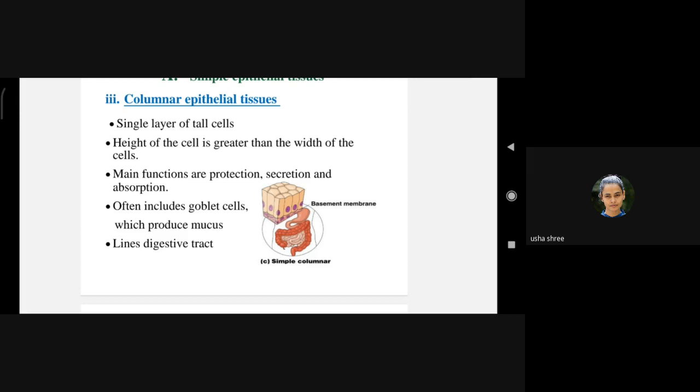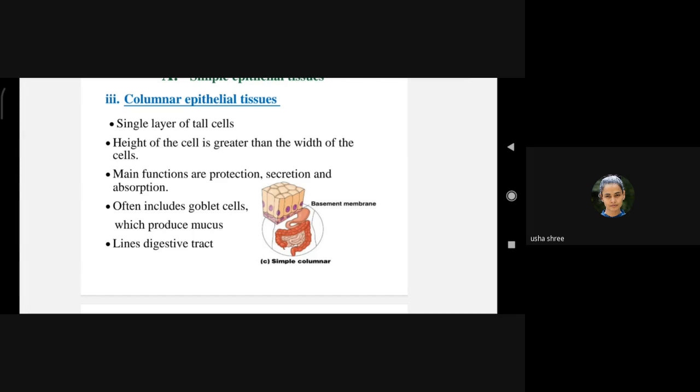So goblet cells, they are tall. Within the cell, they produce mucus. Probably that's why they are storing it, producing it, storing it, and secreting it, right? Yeah, probably that's why the shape is like that.